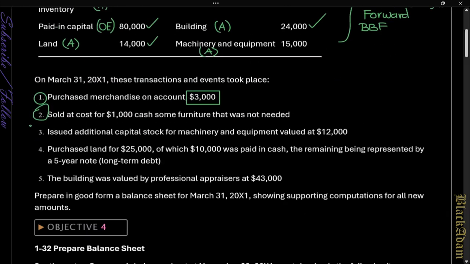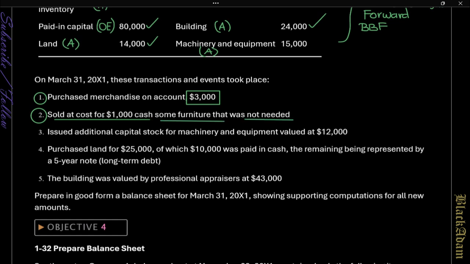And then the next transaction: sold at cost for 1,000 cash. Some furniture that was not needed, so we bought more furniture than needed, and we sold part of it. We can see that there's a transfer of assets, a change of type of asset.